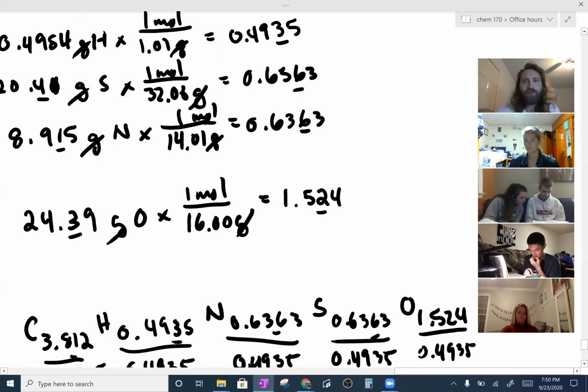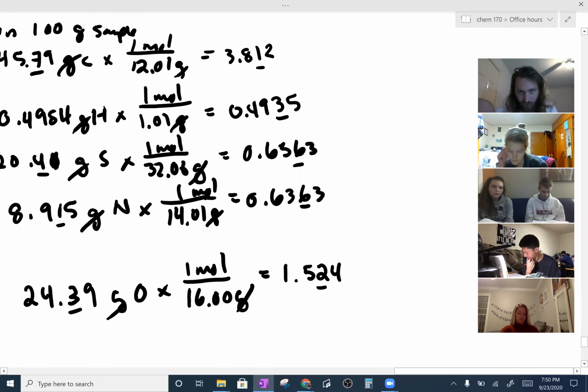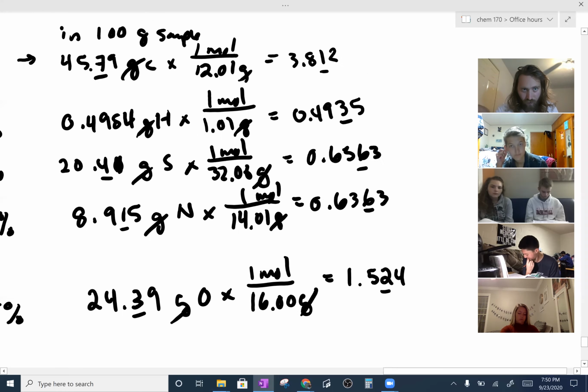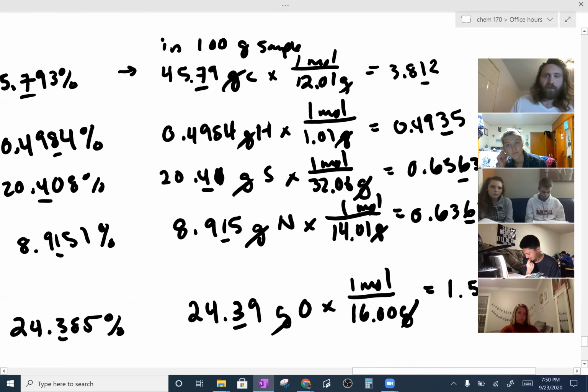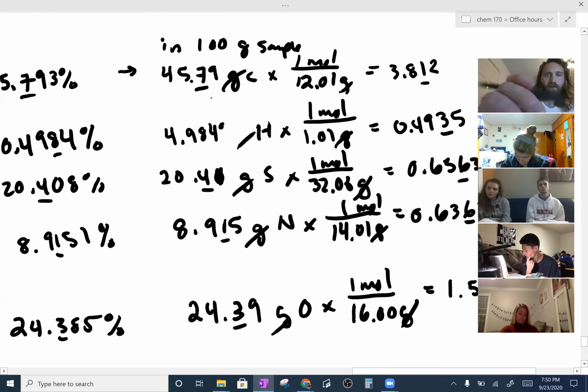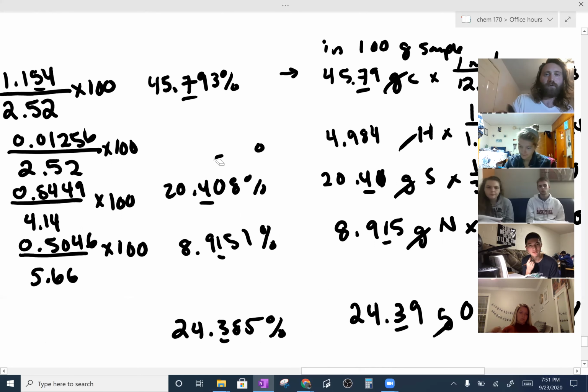Okay, so for the hydrogen, this wasn't 0.4984, it was 4.984. That was the mistake I made. Whoops. So the percentage here is 4.984% hydrogen.